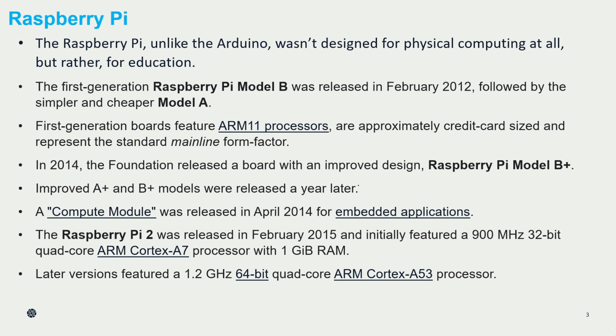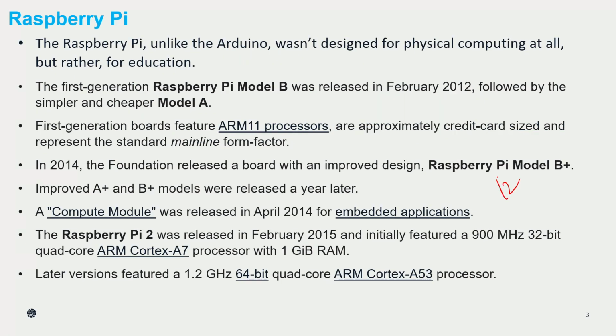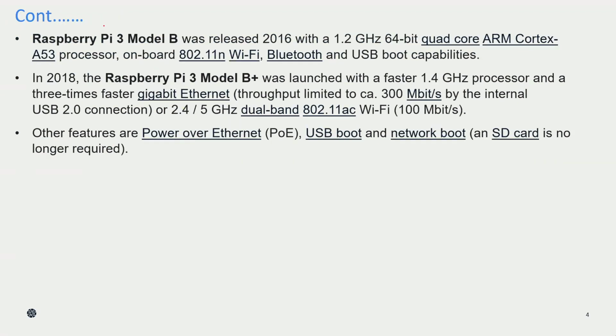From 2012 to 2019 we have discussed different models. The Raspberry Pi first generation, then the modified version, the Raspberry Pi 2 model, then the 3 model.